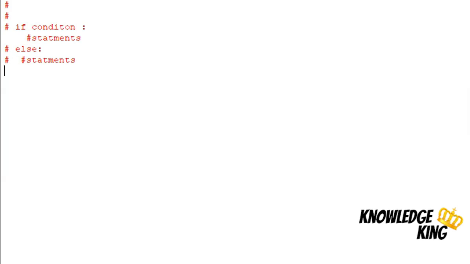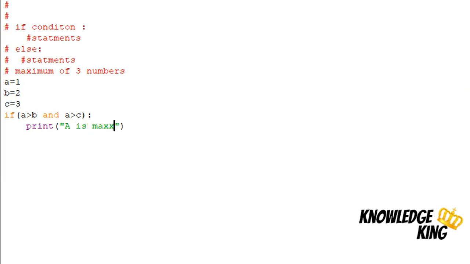I'll write a simple program for the maximum of 3 numbers. a equal to 1, b equal to 2, c equal to 3. We need to find the maximum of the 3 numbers. So we check whether a is greater than b and a is greater than c, then print a is maximum.